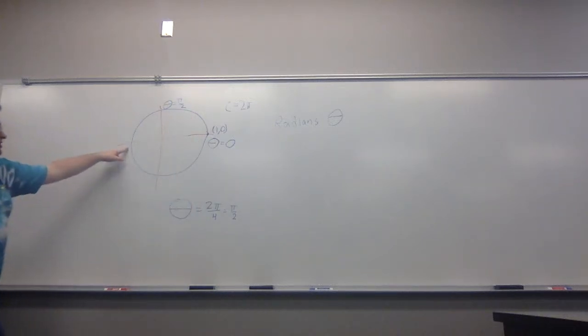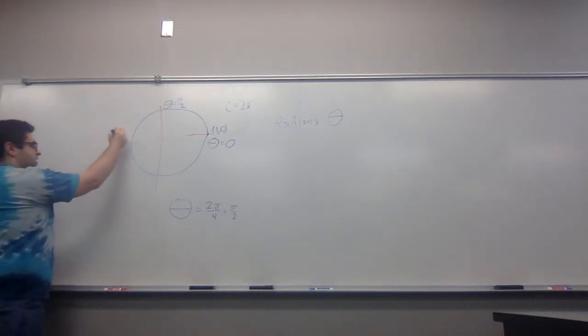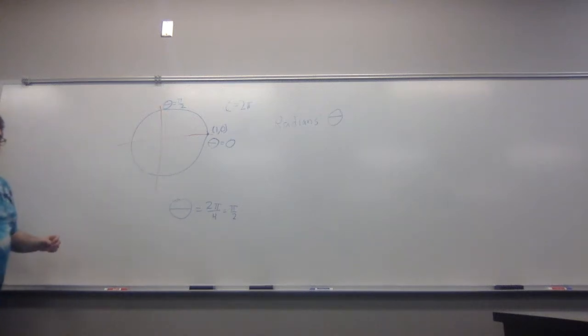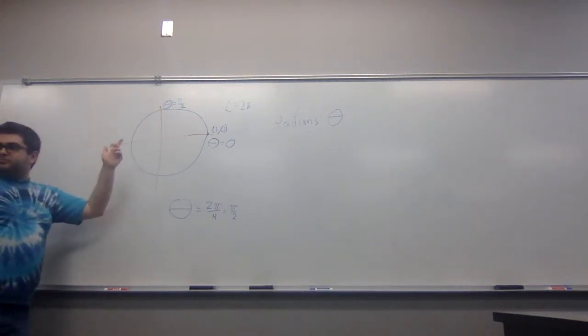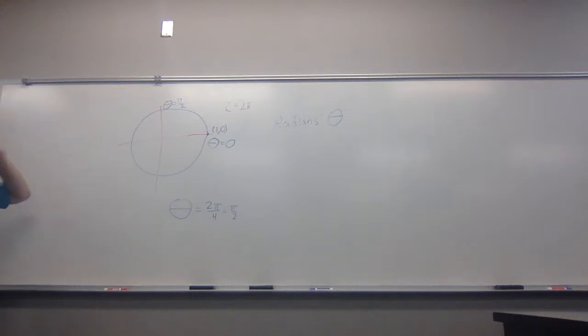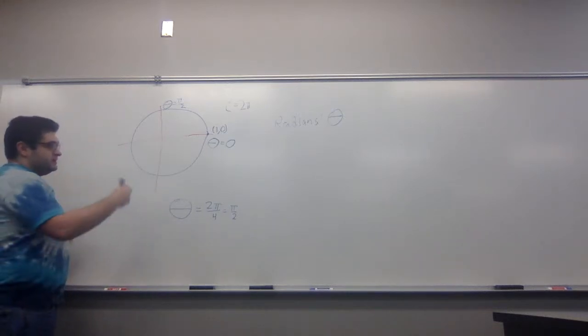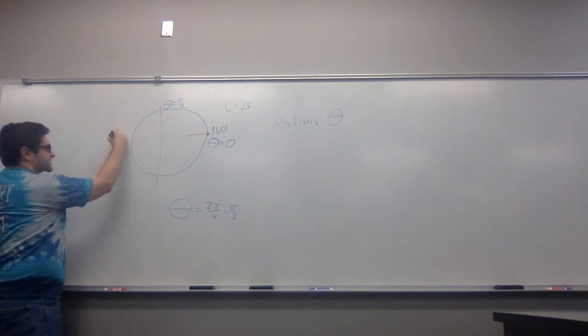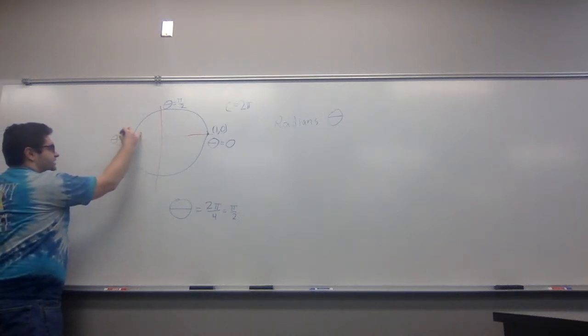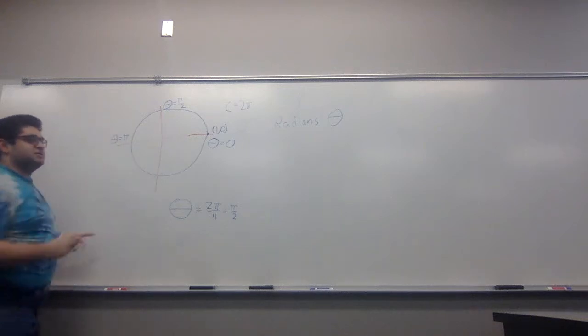Now over here you would have halfway around the circle. What do you guys say would be the radians at that point? Yep, exactly. It would just be pi, because that's pi over 2 times 2.